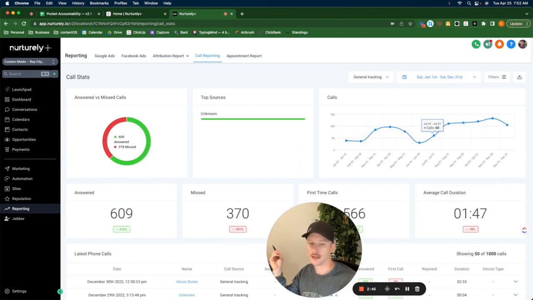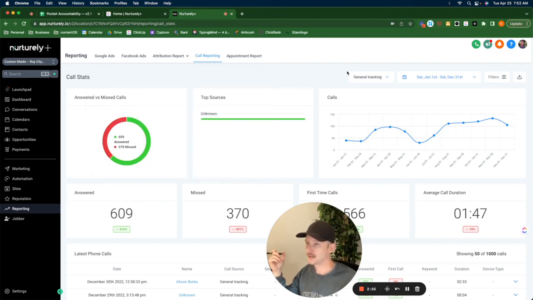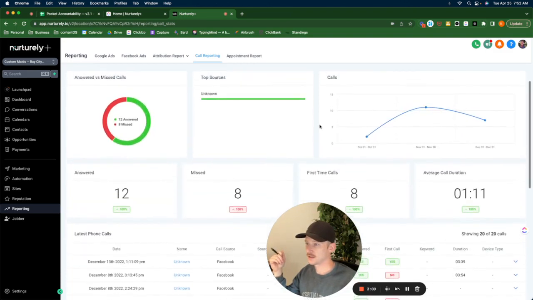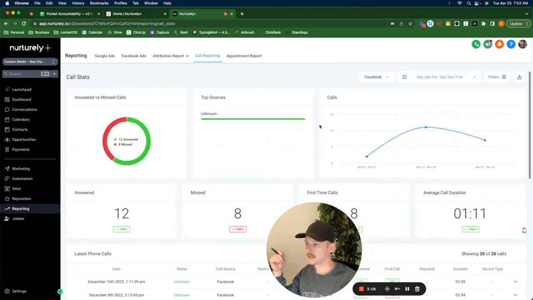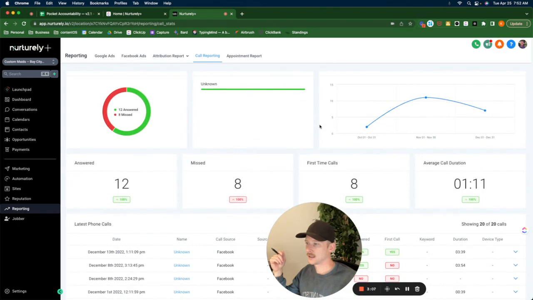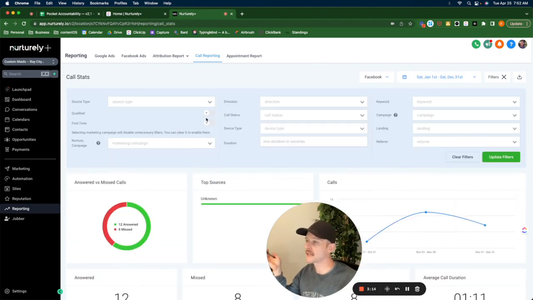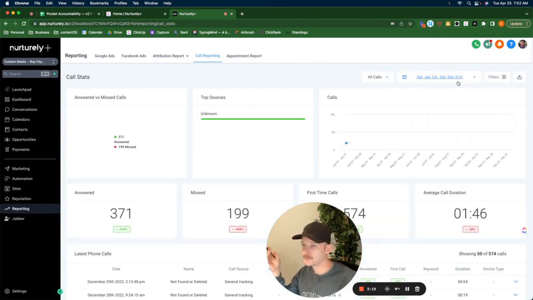So 609 plus 370, 979. It's going to be an easier way. The best way to do this is just count uniques. That's why I hate count, because some people call all the time, and I don't want to count that number.